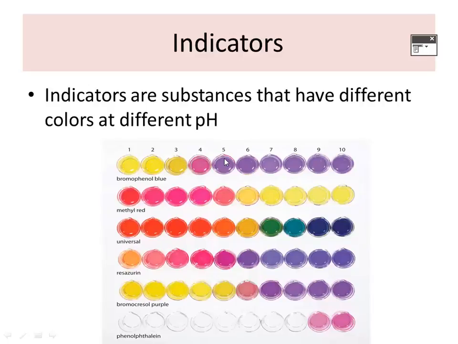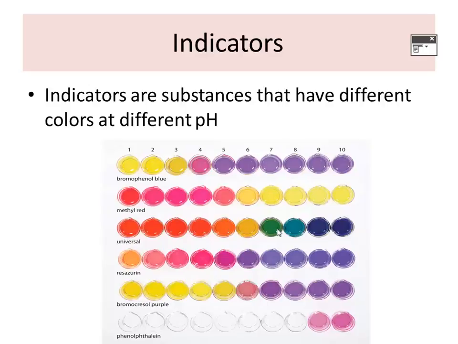It's not a good indicator if you need to test between pH 5, 6, and 7, because it's the same color there. You'd use a different indicator, maybe a universal indicator, because at pH 5 it's orange, at pH 6 it's yellow, and at pH 7 it's green. So that's a better indicator.